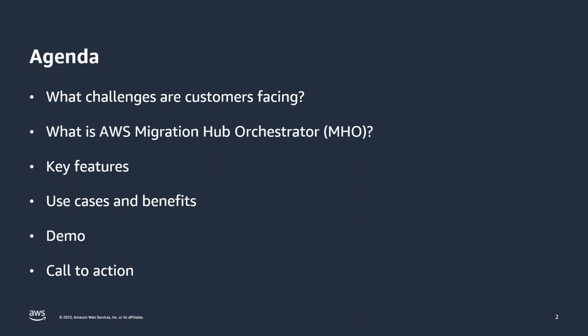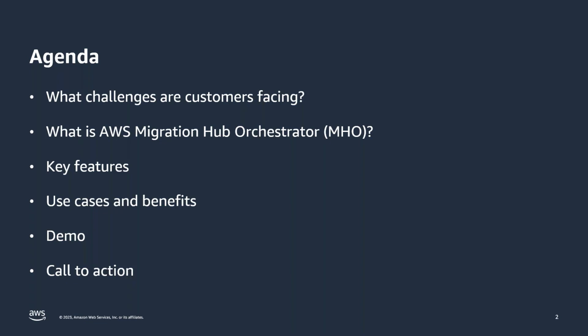So we have a lot to cover today. We will start with the challenges customers and migration partners are usually facing. And then we will talk about how we designed and launched AWS Migration Hub Orchestrator to solve those challenges.